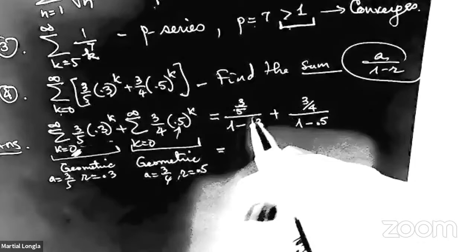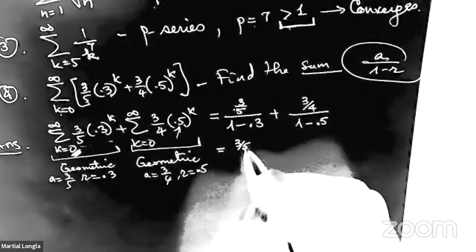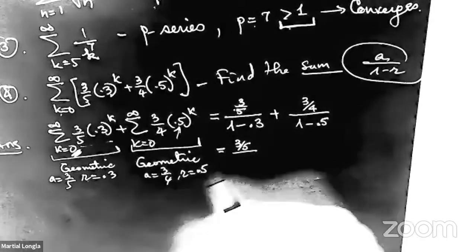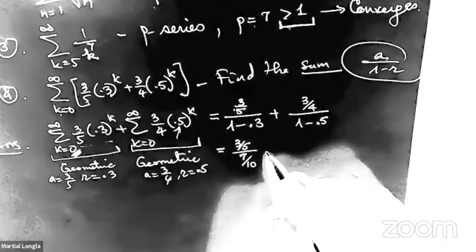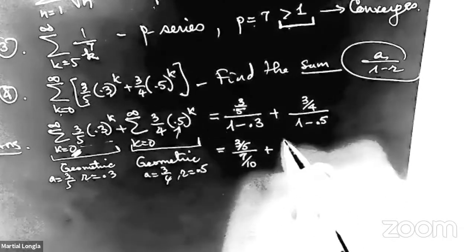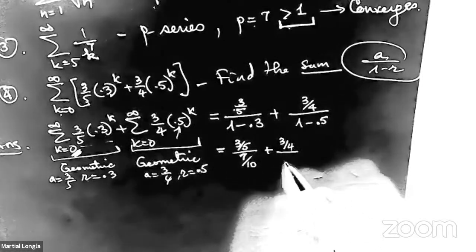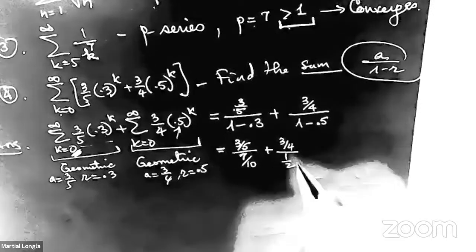So that would be 3/5 over 1 minus 0.3 is 0.7, and 0.7 is 7/10, plus 3/4 over 1 minus 0.5, which is 0.5, which is nothing but 1/2.